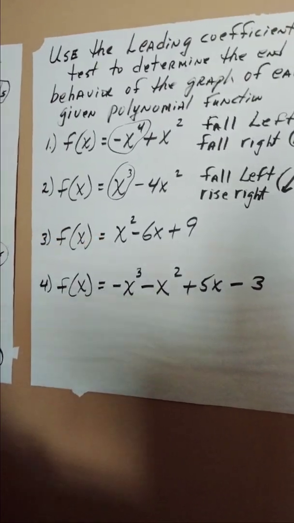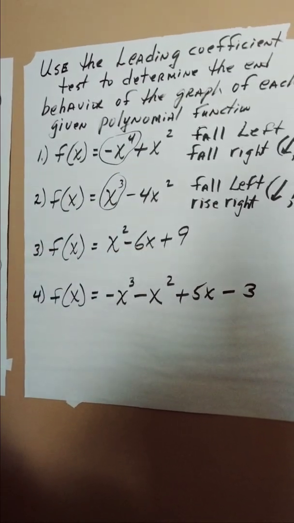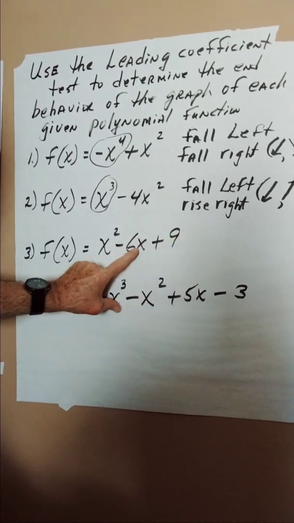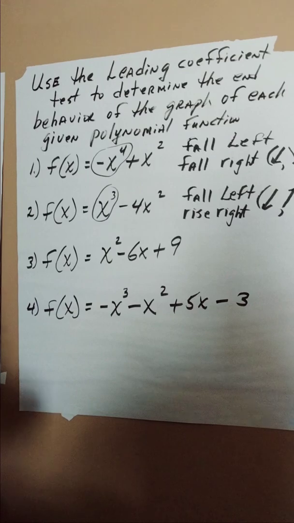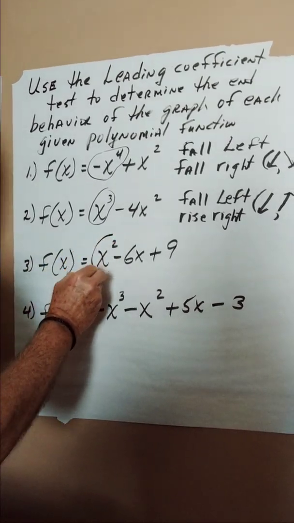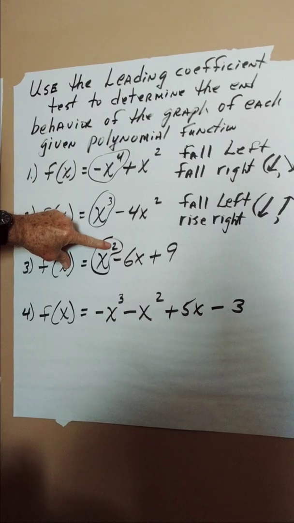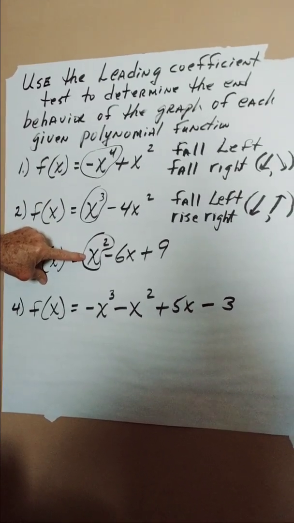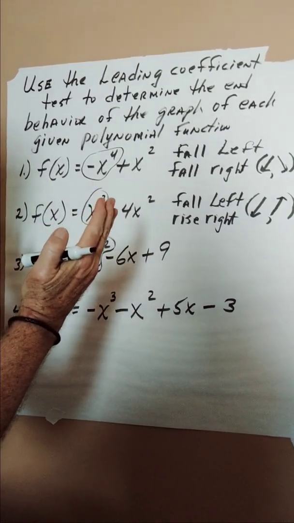Number 3, polynomial function defined by a trinomial. The degree 0, the degree 1, the degree 2. He wins. Even, same behavior. Coefficient, positive. It's going to be a parabola.